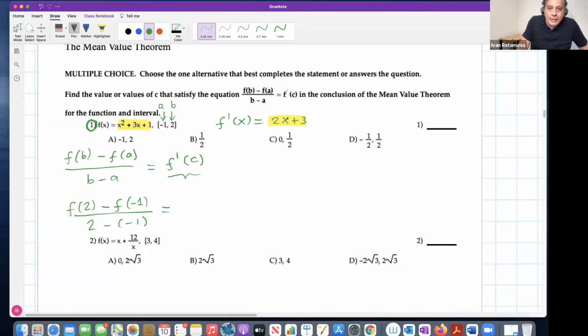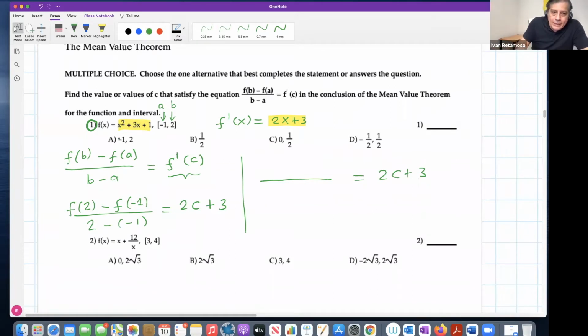So instead of x, wherever I see x in the derivative, I have to write c, like this. So there we have the derivative in terms of c. And here I have some real number I'm going to compute. So now I'm going to compute this and make it equal to this. All right, f of 2, what is f of 2?